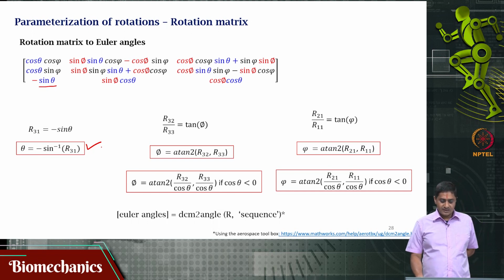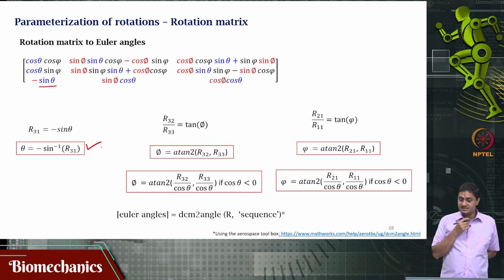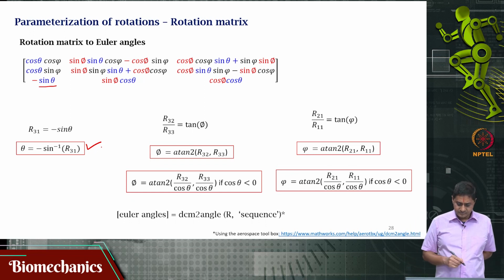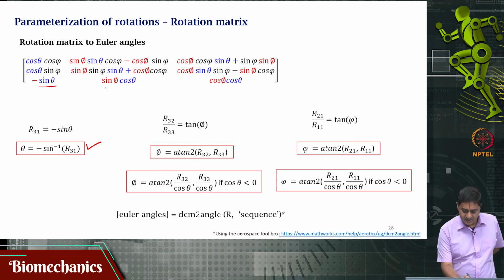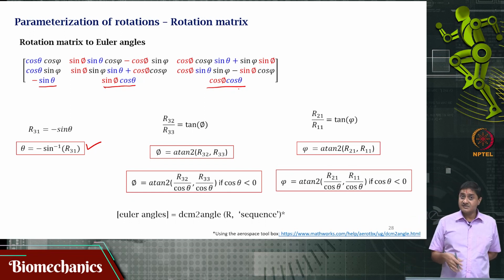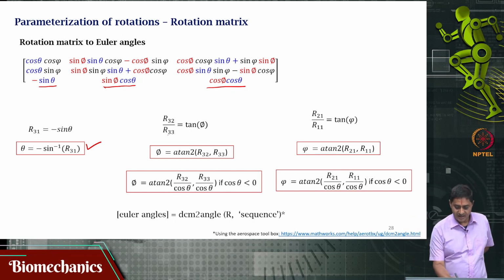Now, are there other ways of finding phi and psi? Well, if I look at these two, 3 2 and 3 3, there is a common element cos theta between them. If I divide one by the other, cos theta is going to get cancelled, and I will have tan phi as r32 by r33.